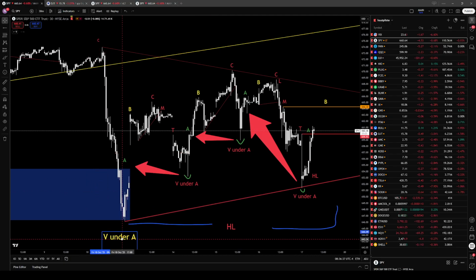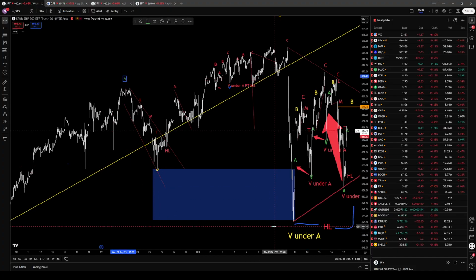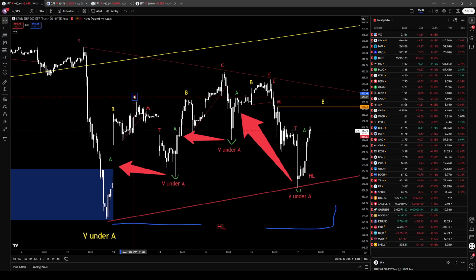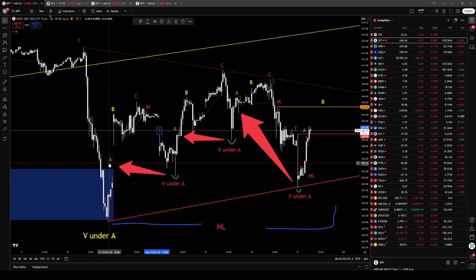You have your V on the A here. This V on the A. Then somewhere in here is your A, B peak, your C peak. You're coming down, here's your lower high, your midpoint, you fall down to your V on the A. This is your T, perfect V on the A.